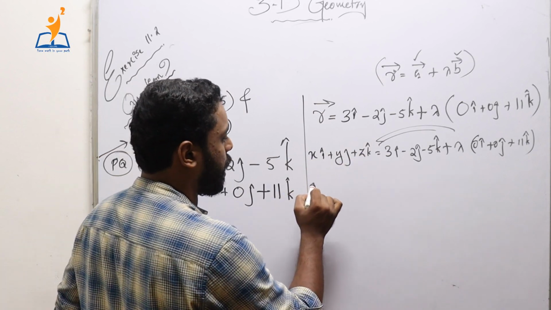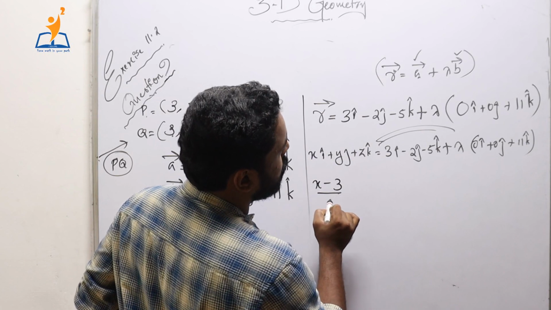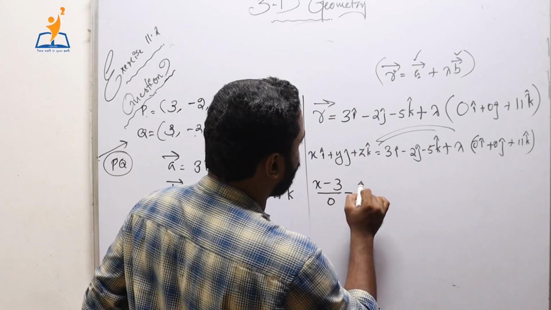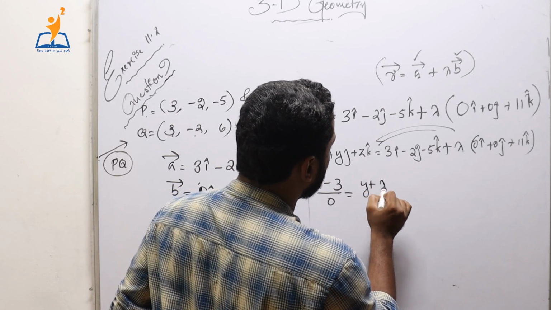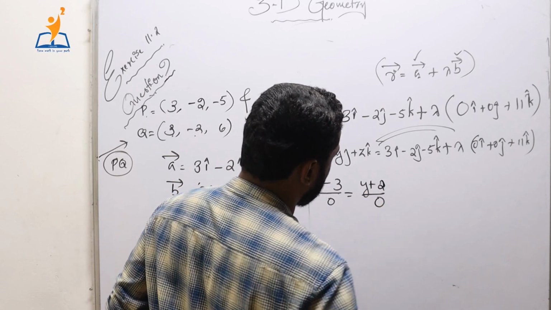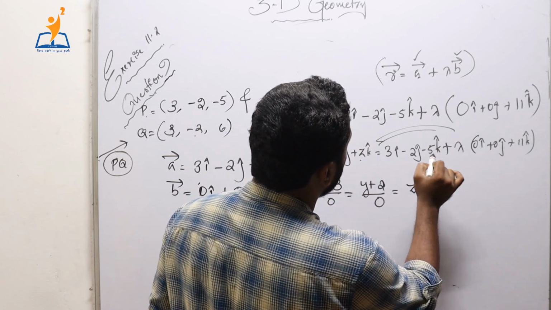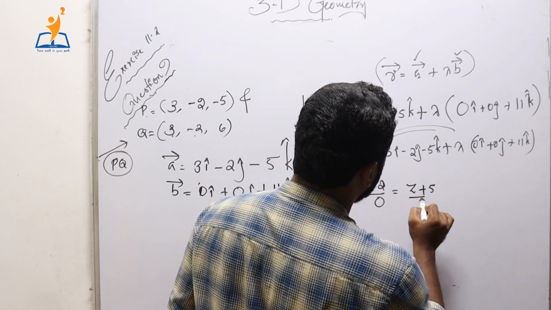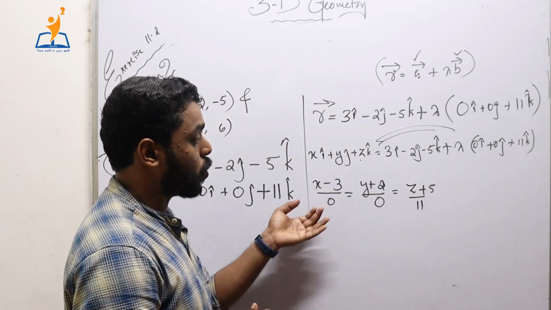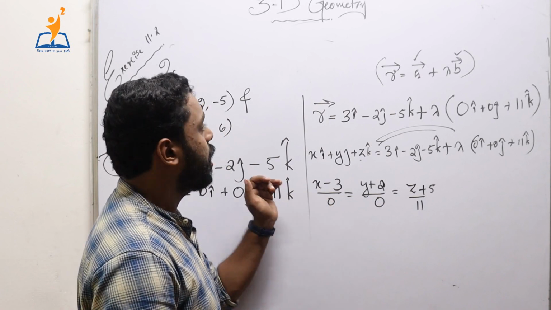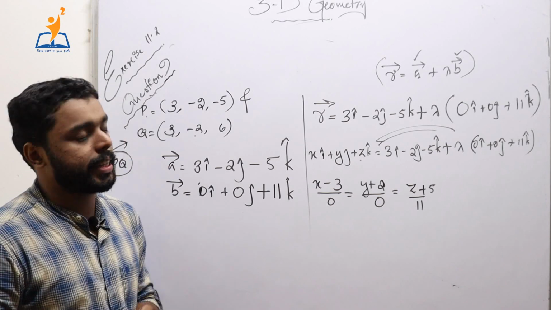So that will become (x minus 3) divided by 0 is equal to (y plus 2) divided by 0 is equal to (z plus 5) divided by 11. This will be the Cartesian equation of the line which passes through these 2 points. Now we shall move to the next question.